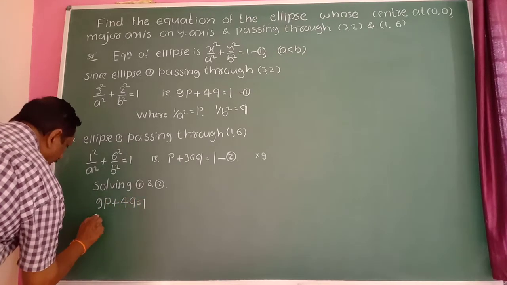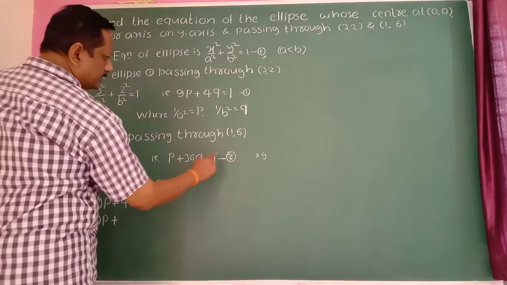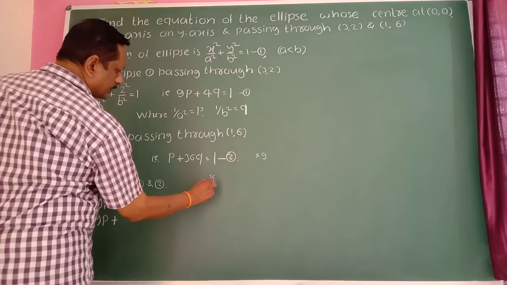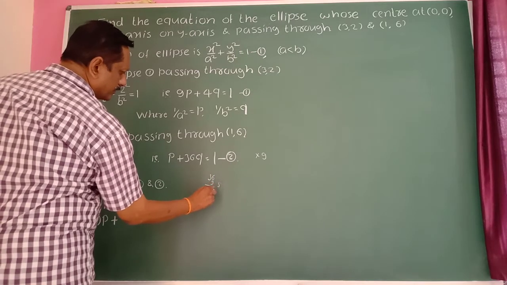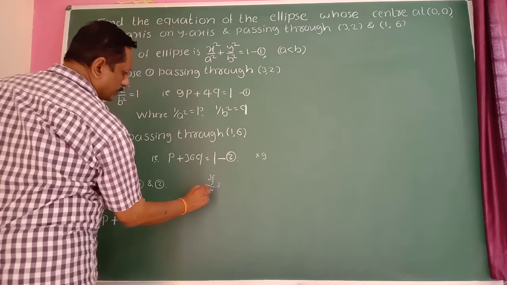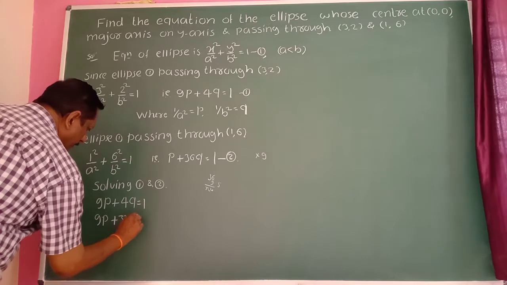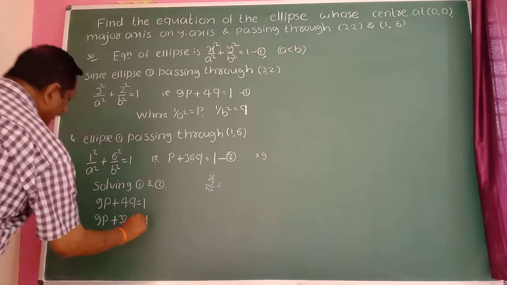Then 9 into p plus 36 into 9, that is 324 q, is equal to 1.